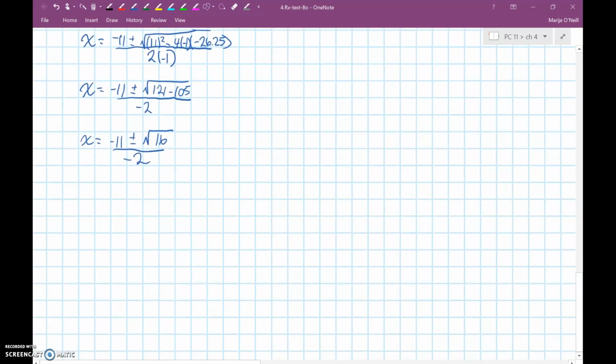And then that's x equals negative 11 plus or minus 4, over negative 2, and you can't simplify that anymore.